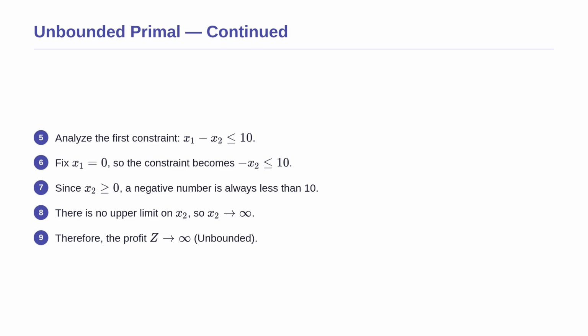Because x2 must be a positive number, making it negative means it will always be less than 10, no matter how large x2 gets. Since there is no other constraint limiting x2, we can increase it to infinity. Because x2 has a positive coefficient in our objective function, our total profit z also becomes infinitely large. The primal problem is officially unbounded.